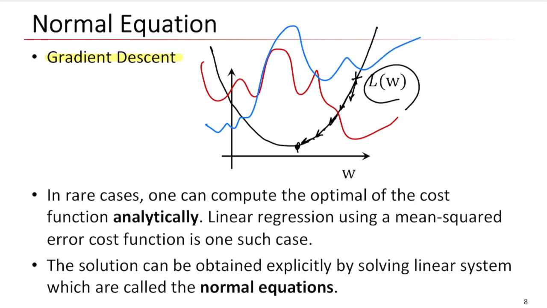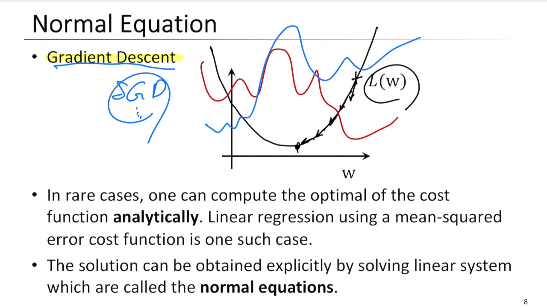In these cases, it's really hard to find the global or local optimum using just the original gradient descent. So there are several variants of gradient descent, called SGD or something like this.